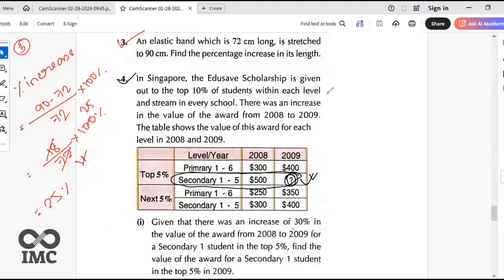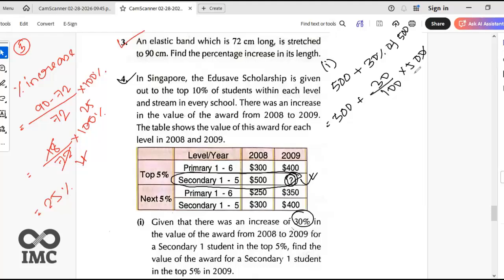So we need to increase by 30%. What is the original scholarship in 2008? $500. But in 2009, it will be a 30% increment. That means we need to increase the scholarship by 30%. So 500 plus 30% of 500. Simple. 500 plus 30% means 30 by 100 into 500.